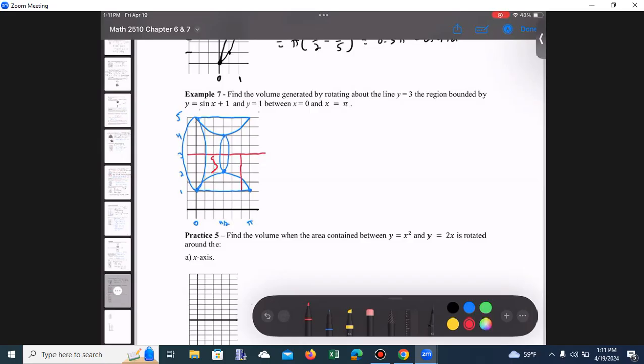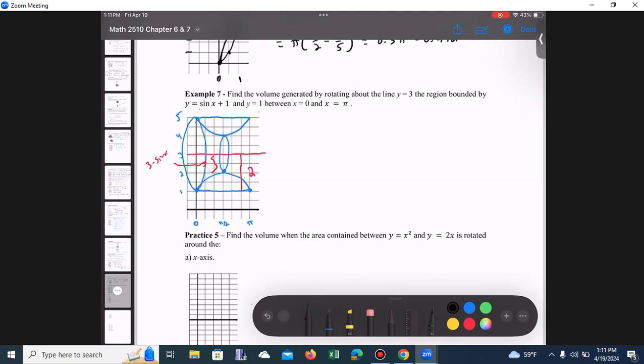That radius is 2. This is 3 minus 1. And this one is going to be a radius of 3 minus sine of x. So the inner one is 3 minus sine of x.